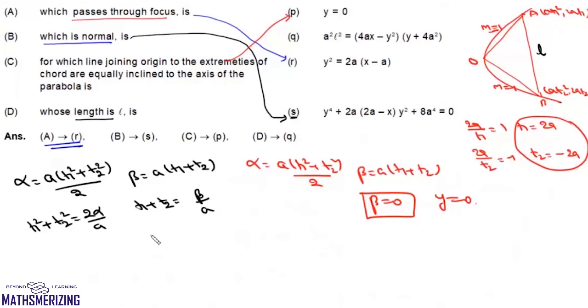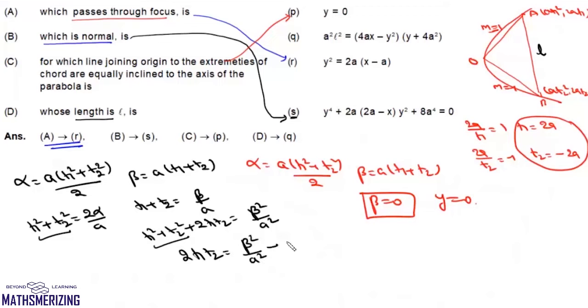Now we'll square it, we'll get t1 square plus t2 square plus 2t1 t2, and will be equal to beta square upon a square. Now we'll put the value of t1 square plus t2 square, then we can write 2t1 t2 as beta square upon a square minus 2 alpha upon a.